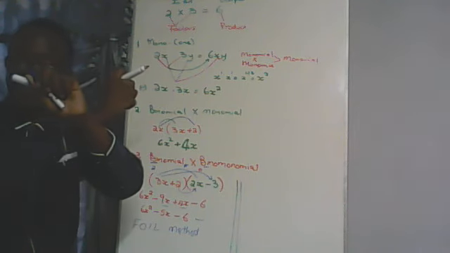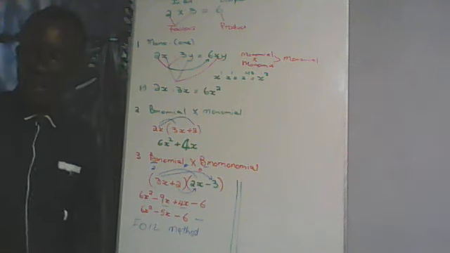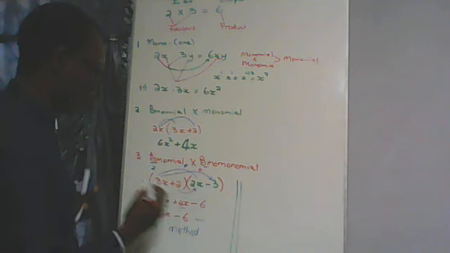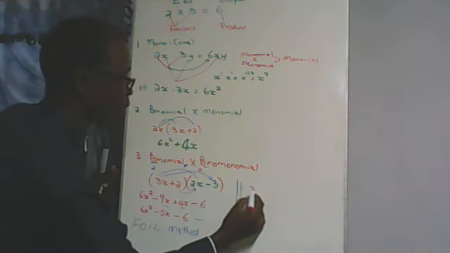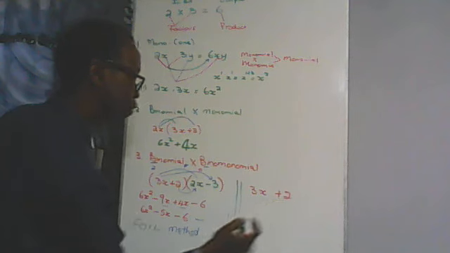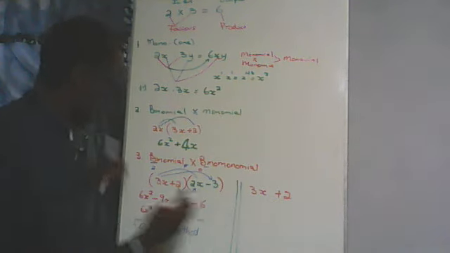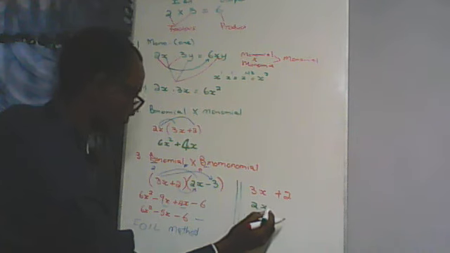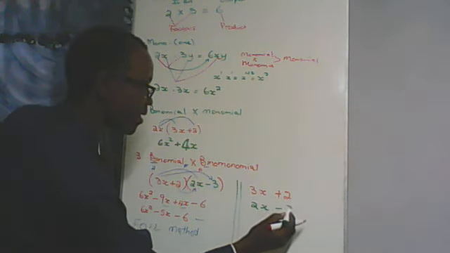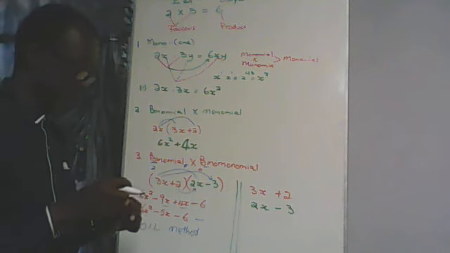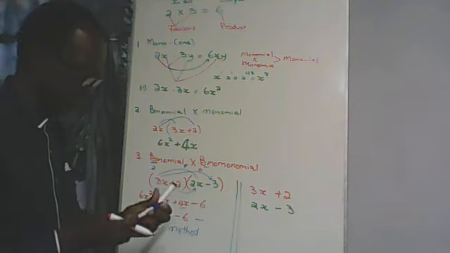Yes, let's check this. We have 3x plus 2 and then 2x minus 3. Here, this is very, very interesting.